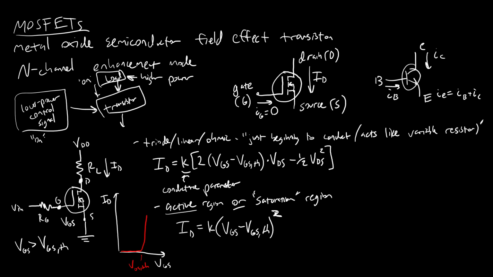The point, or what I want you to remember, is the difference between a MOSFET, or FETs in general. Again, field effect means that it is voltage controlled, whereas BJTs are current controlled. So here we are controlling the current through the base, which then controls the current through the collector. Here we are controlling the voltage at the gate, which then controls the current through the drain.